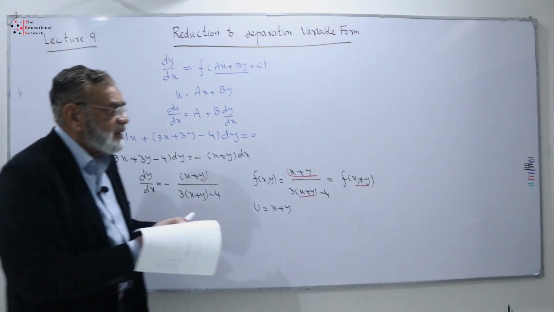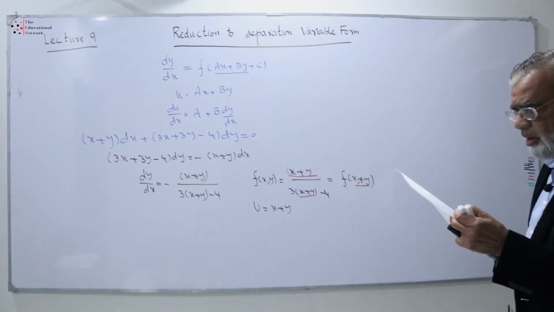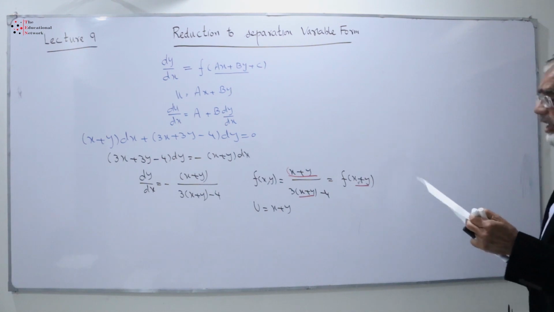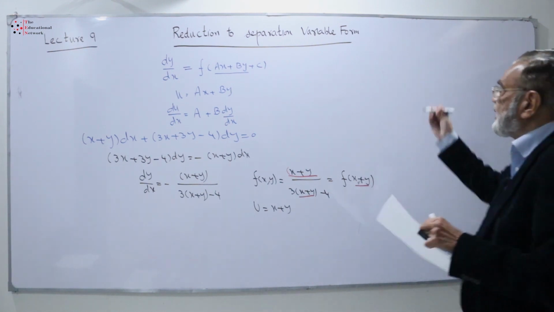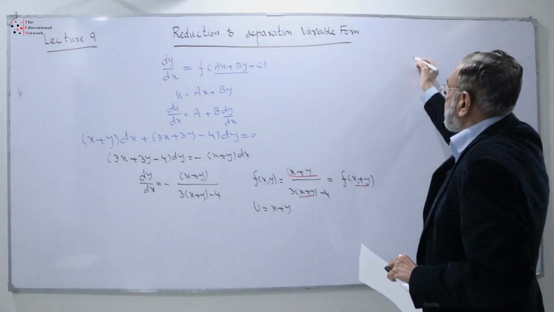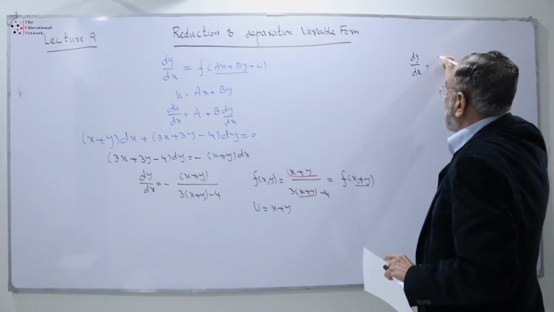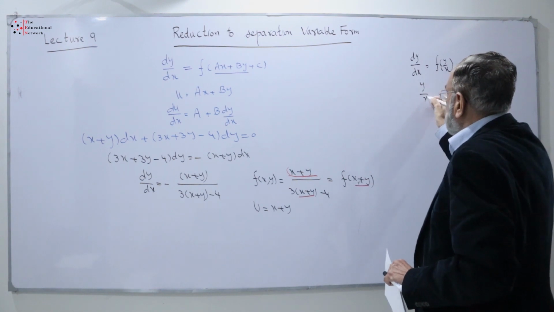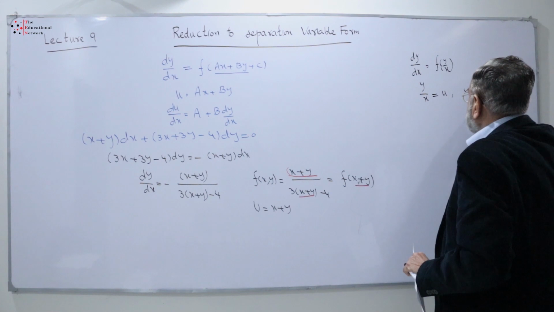We can have dy by dx as a function of x plus y. We can also have dy by dx as a function of y upon x, for example. So we take y upon x equal to u, that is, y equal to ux.